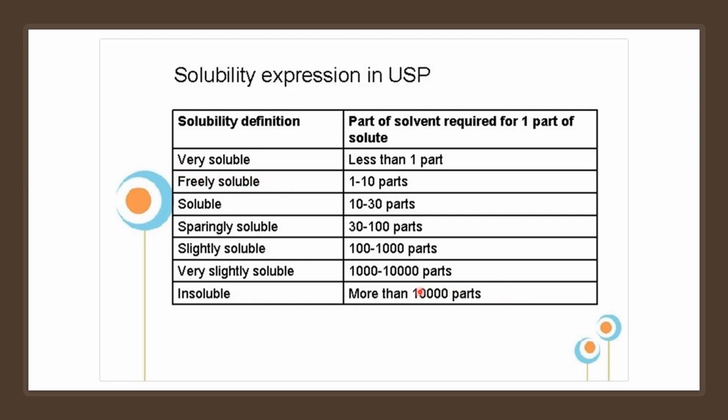When more than 10,000 parts of a solvent is needed in order to dissolve 1 part of a solute, that particular drug or compound is said to be insoluble. Again, this is a solubility expression that is described from the USP, United States Pharmacopoeia.